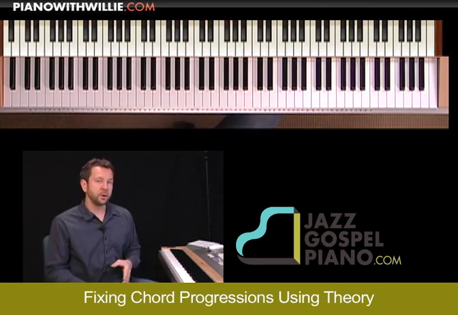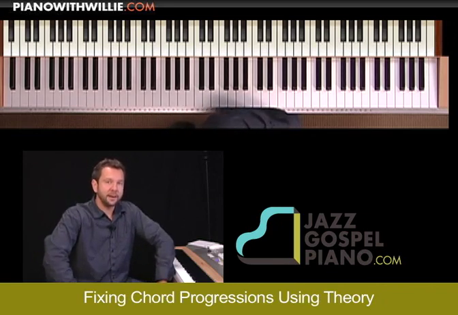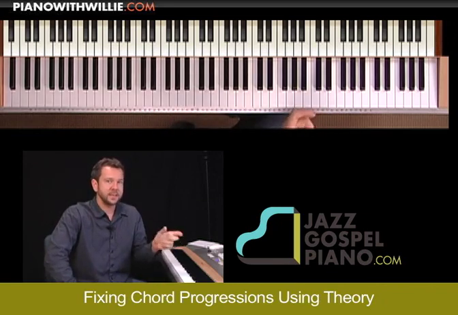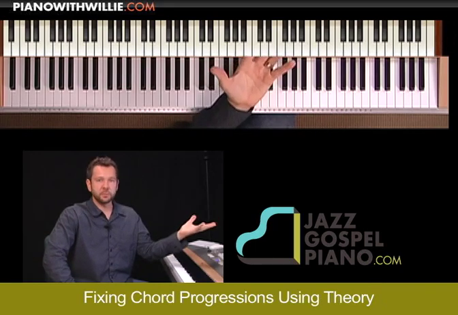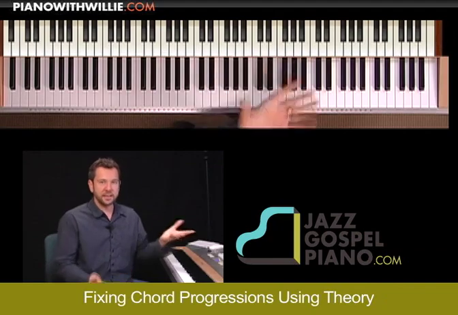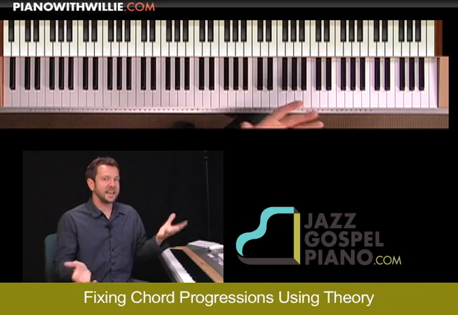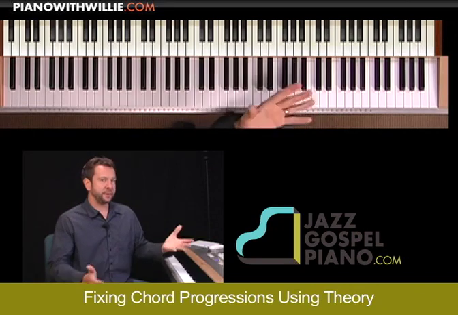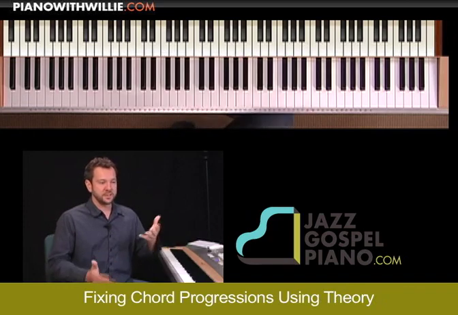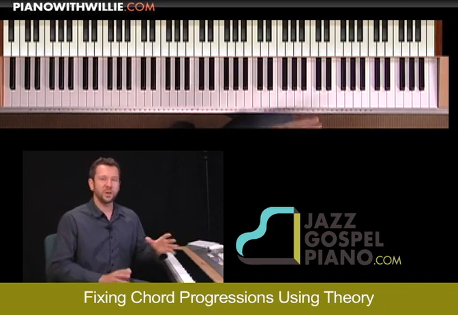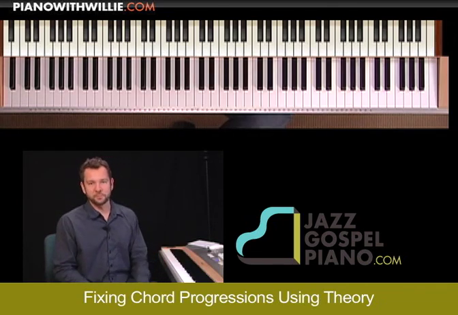But by this point, hopefully what you're realizing is, oh shoot, having that understanding of diatonic harmony really helps me figure out these chord progressions and check them against harmony. It's almost like harmony is the answer key. Theory is the answer key for you. If you understand theory and that diatonic harmony, then you can check these chord progressions and see, well, yeah, that makes sense, or no, it doesn't make sense at all. Maybe it's this instead, and then boom, now you can fix them.